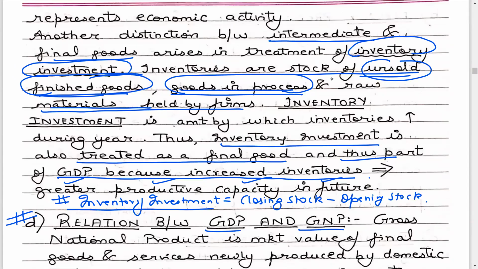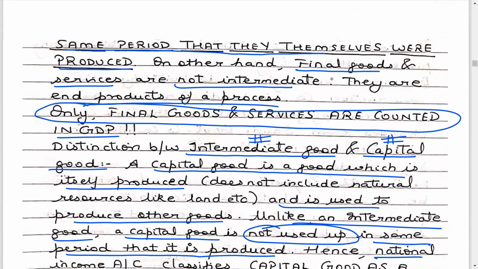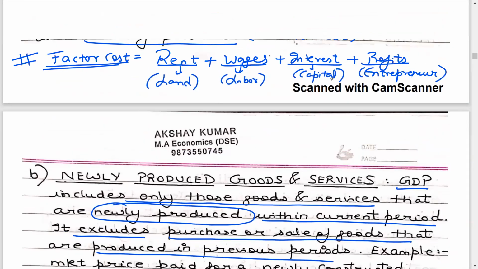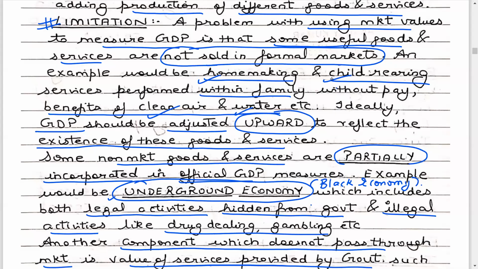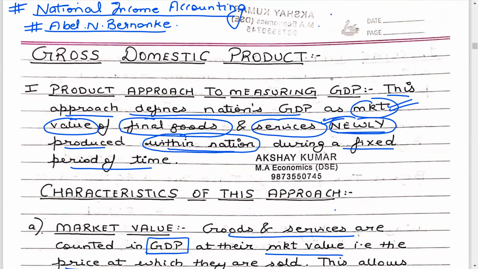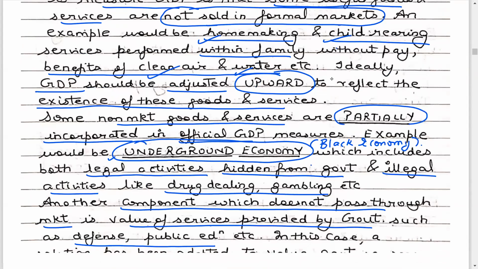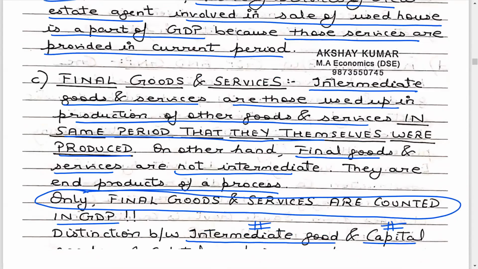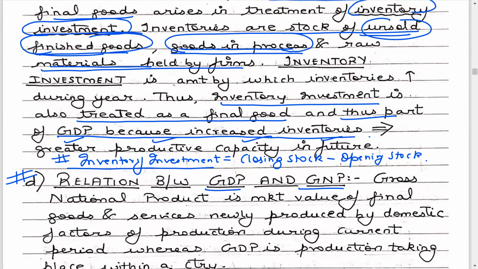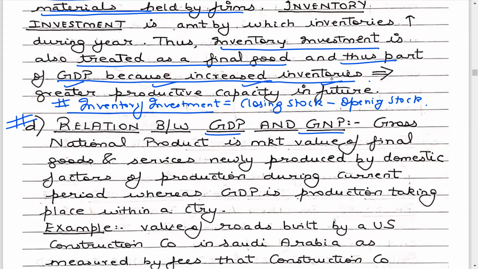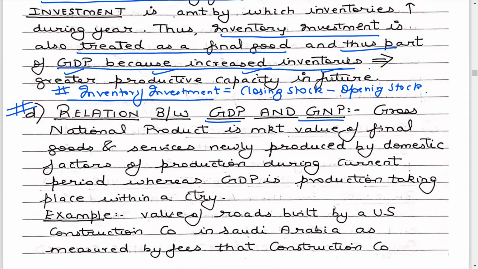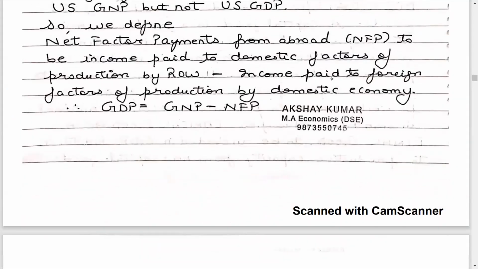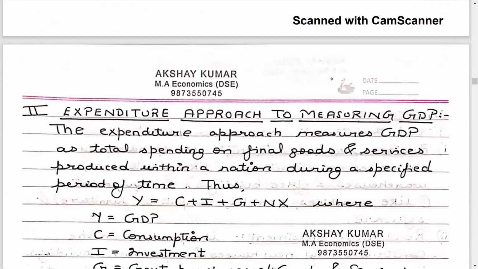The purpose of this lecture was to cover the concept of product method in depth, where we have looked at the characteristics of the product method. We are only left with one small characteristic, which is the difference between GDP and GNP, which I intend to cover in the next lecture. And then we are going to start in depth the expenditure method.